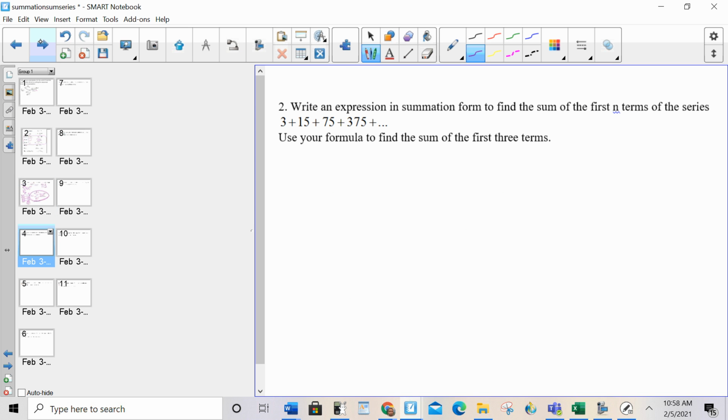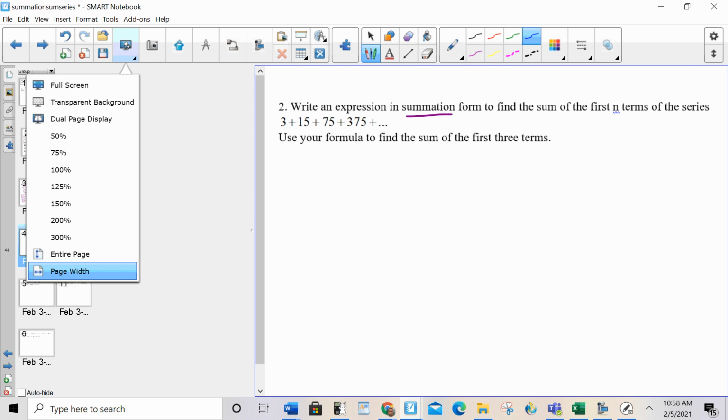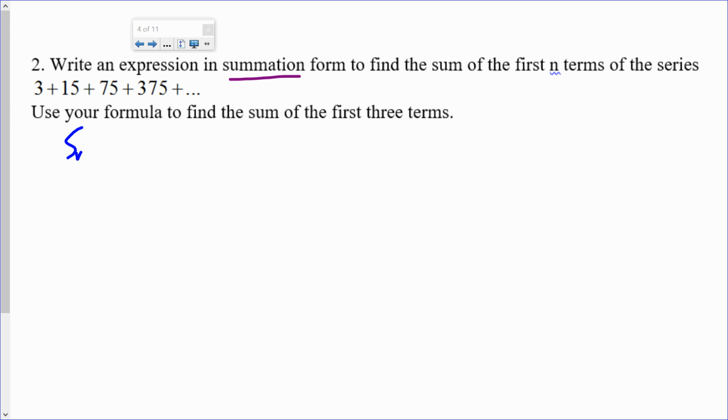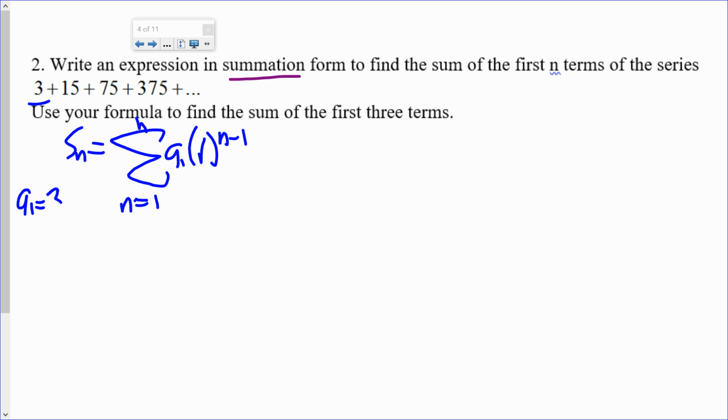Number 2, summation form. I'm going to try and not write it as big this time. So Sn equals the sum from n equals 1 to n of a1 r to the n minus 1. So a1 is the first term, which is 3.